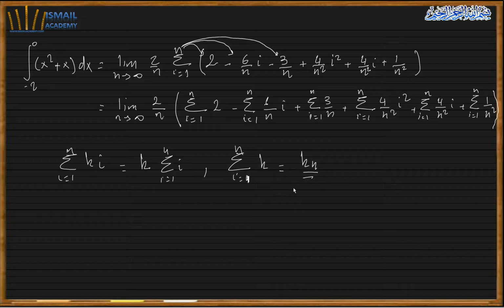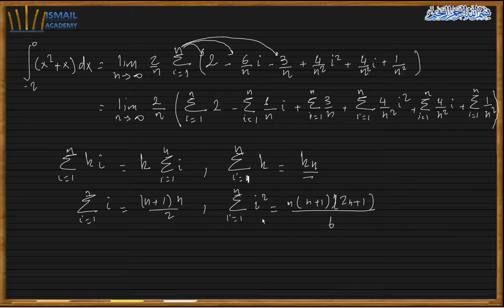So you need to know this. And the sum of i from 1 to n is n plus 1 times n over 2. The sum of i squared from 1 to n, which is what I need here, is going to be n times n plus 1 times 2n plus 1 over 6. So you need to know this.